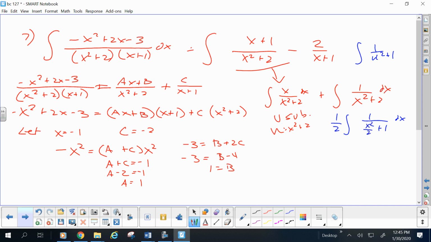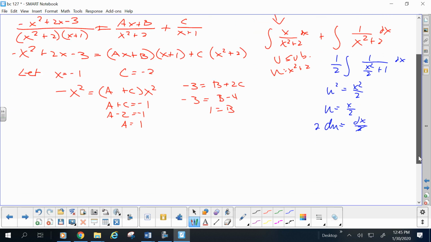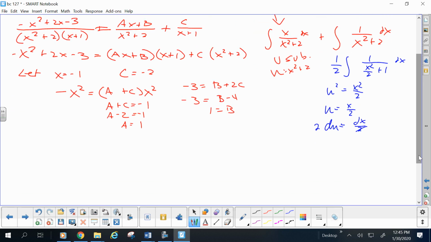So then I'd let u squared equal x squared over 2, which means u is x over root 2, and du is dx over root 2. I know I'm going fast, sorry. So it becomes 1/2, oops, that's root 2, isn't it? Sorry.